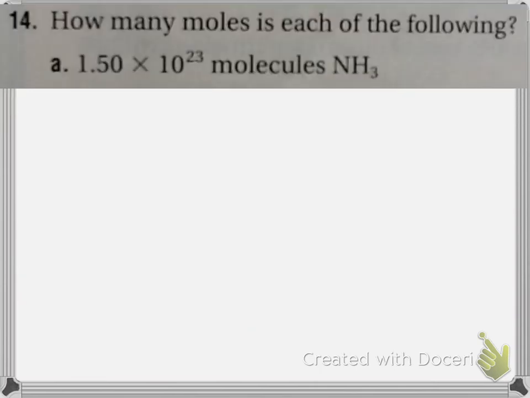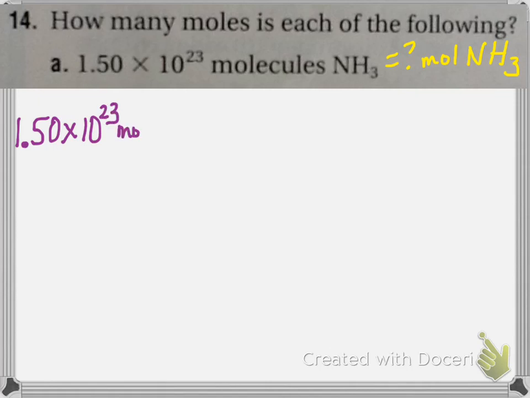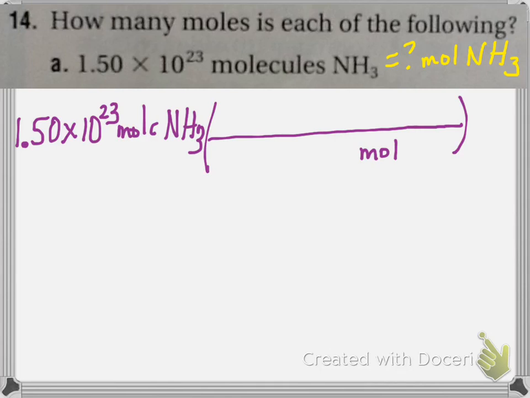Number 14, how many moles is each of the following? So this is asking us to take this and figure out how many moles of NH3 this is. So again, I'm going to start with my given, which is the 1.50 times 10 to the 23rd molecules of NH3. Molecules of NH3 have to go in the bottom, so they'll cross out.